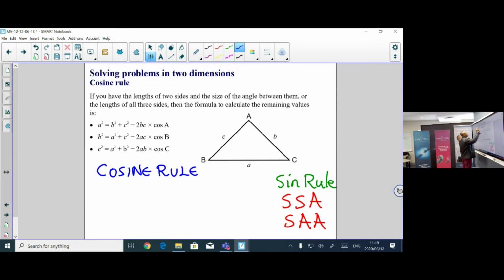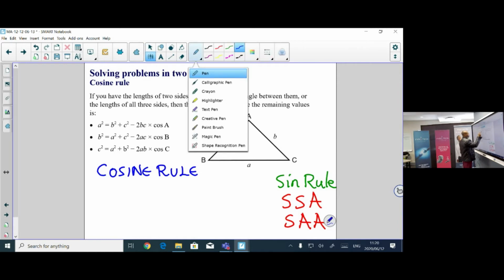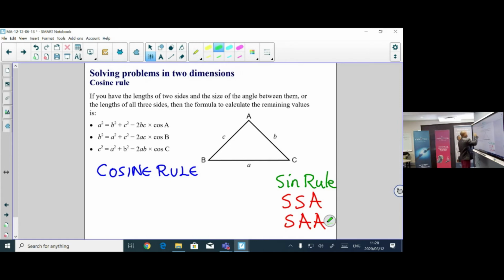It's used when we know that we have two sides that are given, and then the size of the angle between them. Okay, so in this case, you can use your cosine rule. Okay, so this part would be two sides and an angle between them, like that.